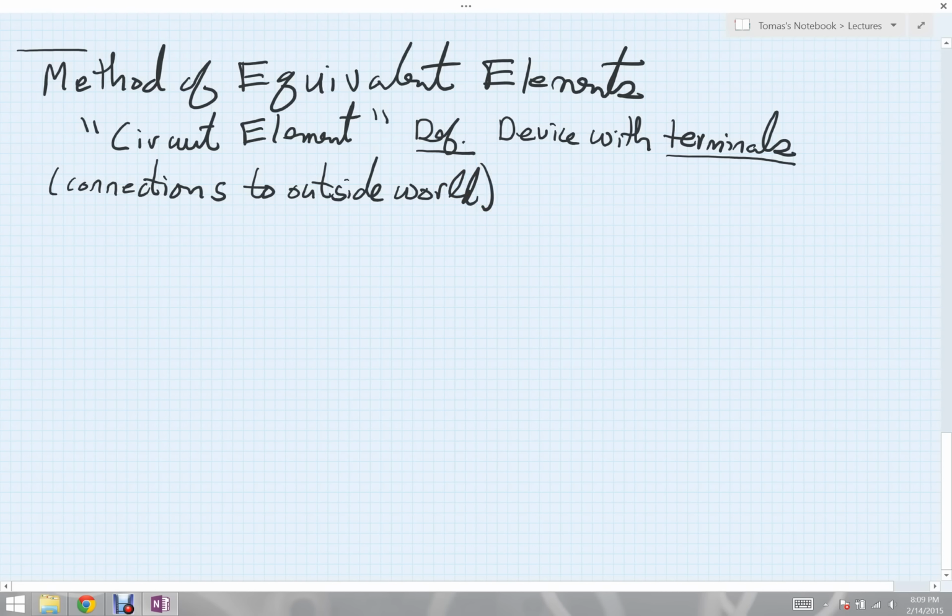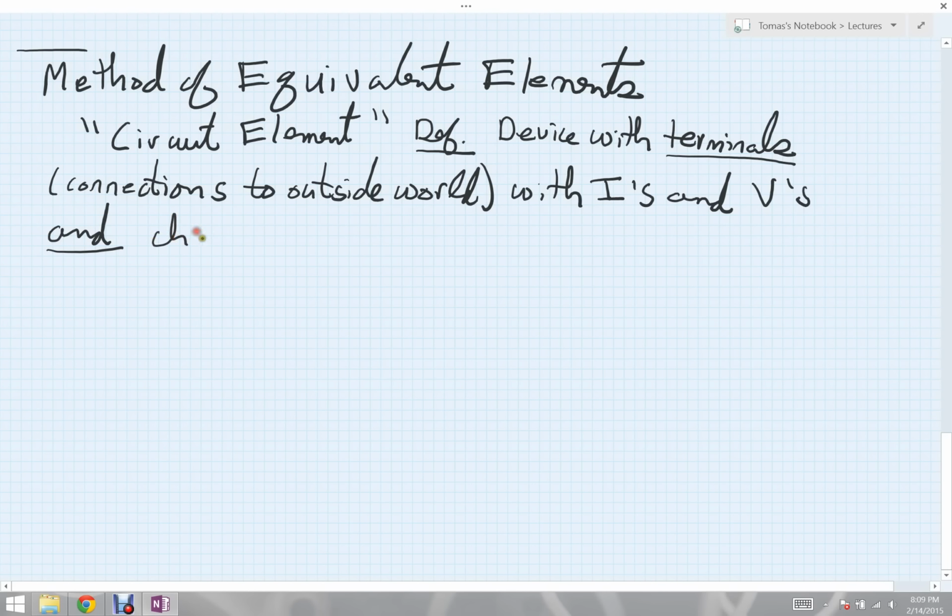And now these terminals have a certain set of currents flowing through them, I's, and they have voltages that you can measure between them. So it has I's and V's. And the next key thing that it has to have, and this is very important, it has to have some characteristic relation among the I's and the V's.